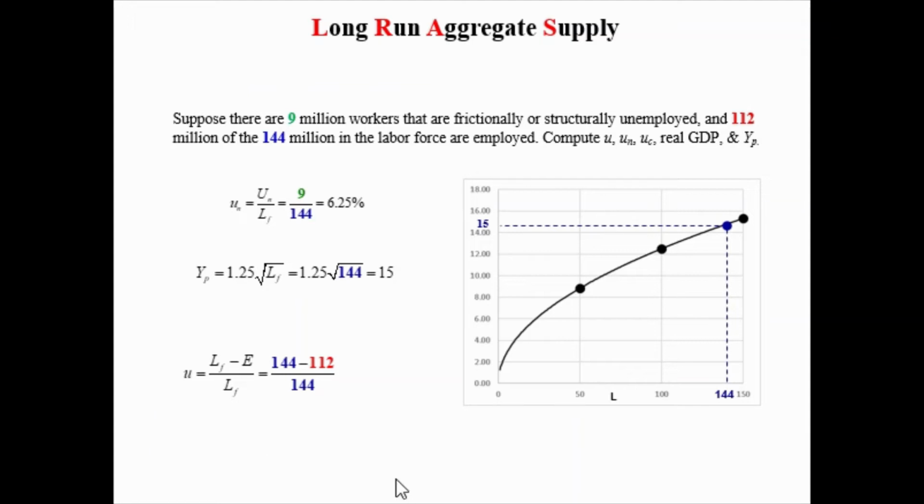Remember, the production possibility frontier was a curve that looked like, where's my pen at? There it is. Here's my pen right here. I'm going to draw the PPF.